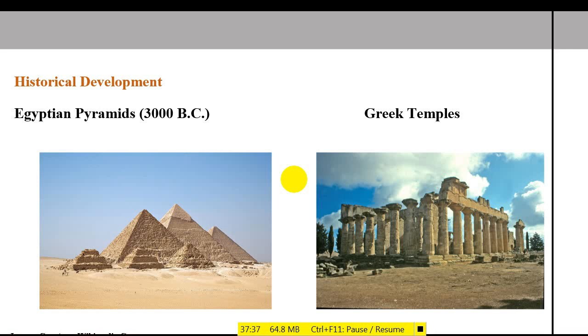So they were worshipped after their death. In remembrance of that, they started building something, a monument. That is how the monument started.